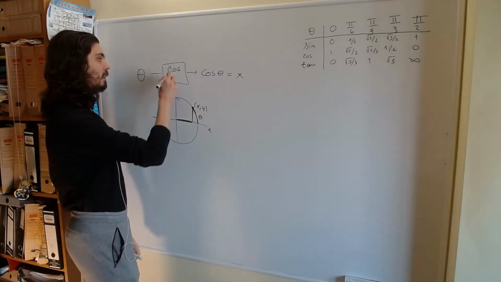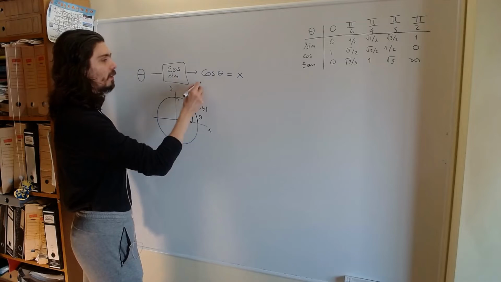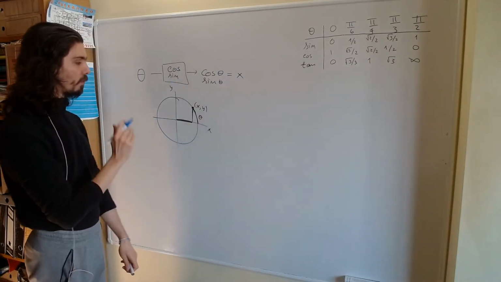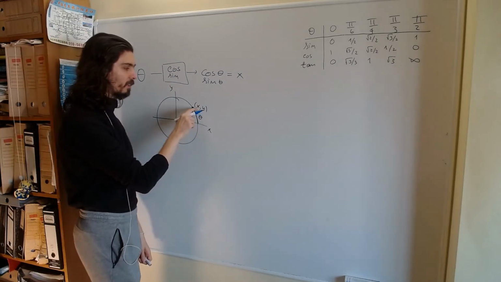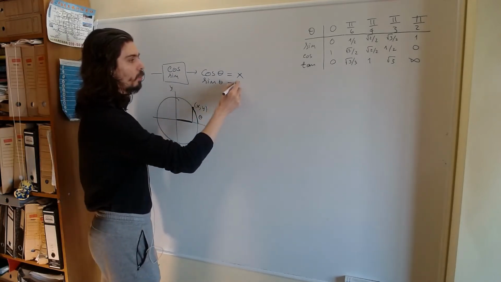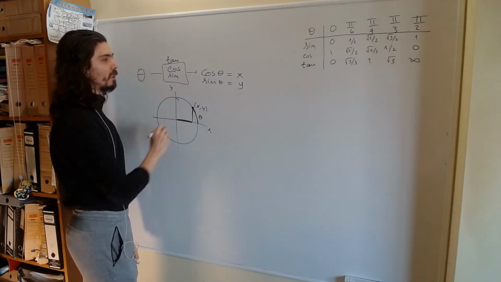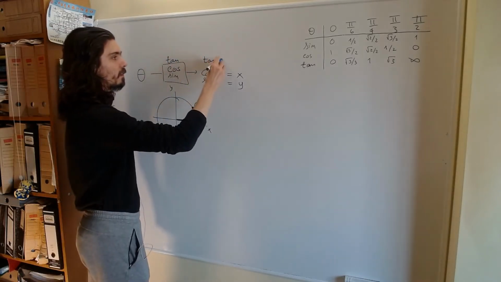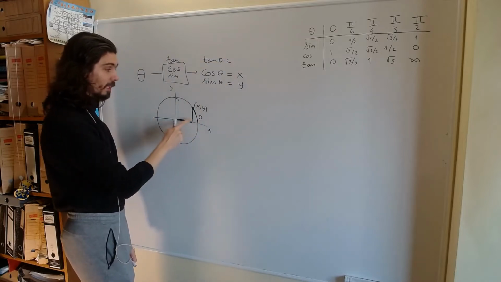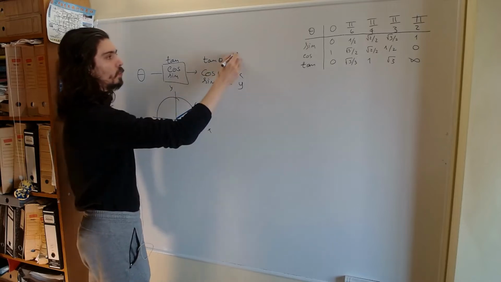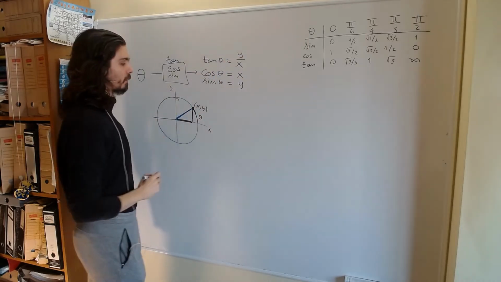We already saw last lecture also the sine function. The sine function is very similar to cosine, except that instead of x, it picks y, so this is y. And finally, we saw the tangent. The tangent function picks not x, not y, it picks the slope of this line. So it's y divided by x.